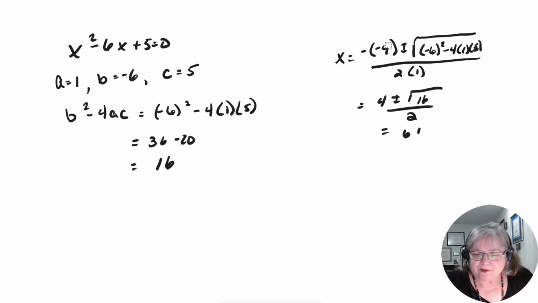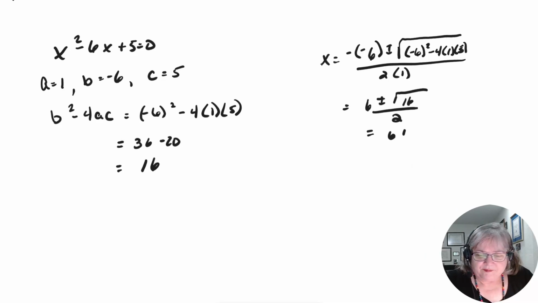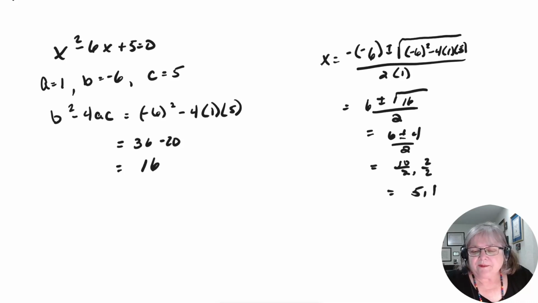I don't know why I put 4 there. Sorry about that. All right. So this is 10 over 2 and 2 over 2. So this is 5 and 1. Now you see how you would have gotten 2 rational answers.